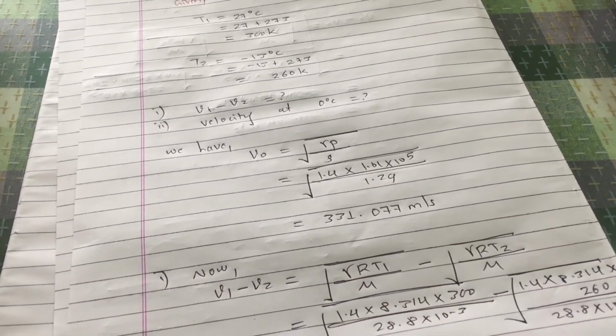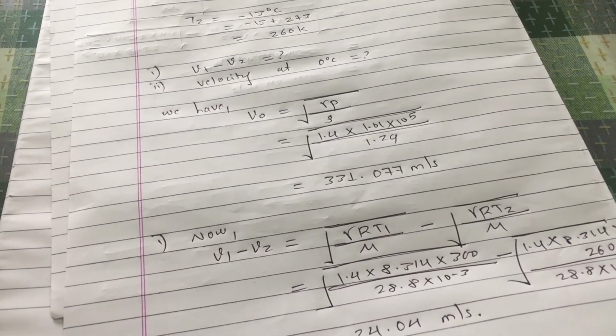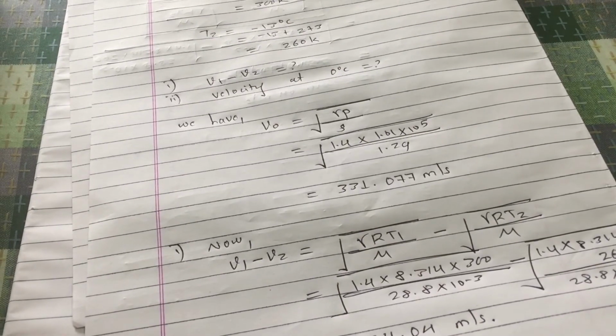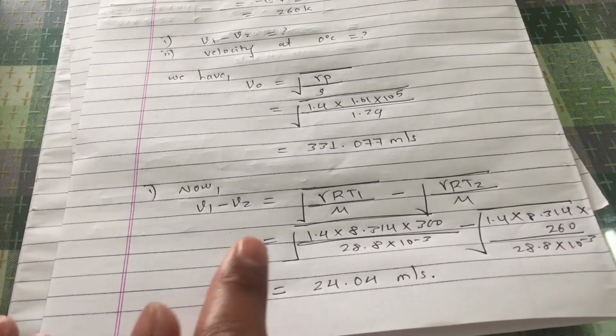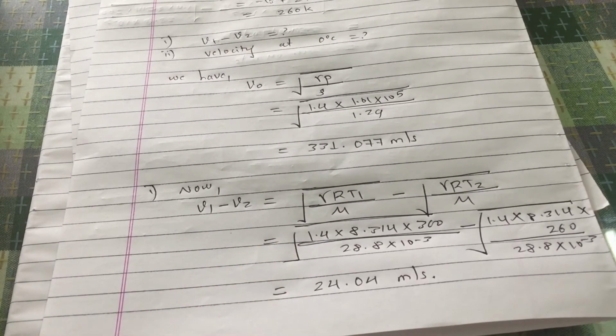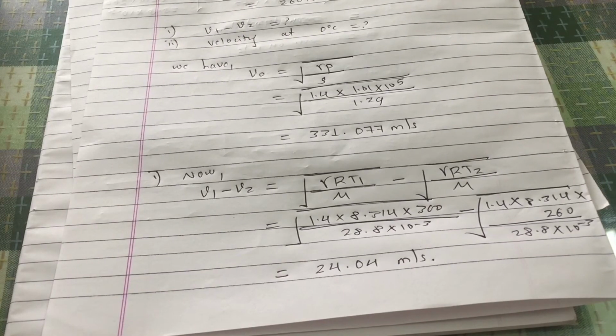That comes to 331.077 meter per second. The second question is quite difficult, but if you know the formula it is very easy: square root of gamma R T1 upon mu minus square root of gamma R T2 upon mu. Let's put the values and get the answer. In the book it is given as 23.96 meter per second, but it is okay, because if we round off our answer it will become like this.